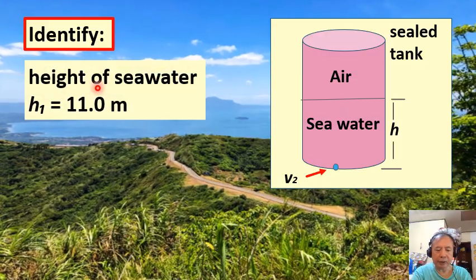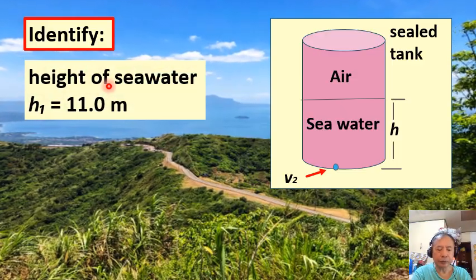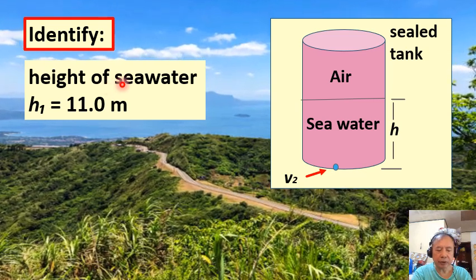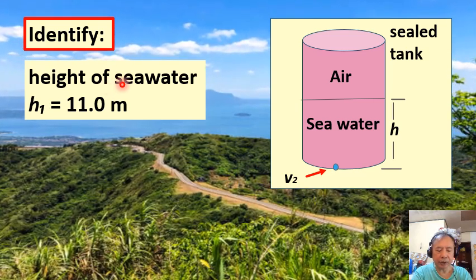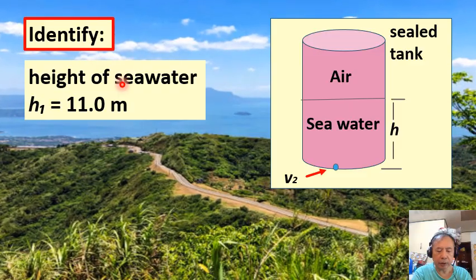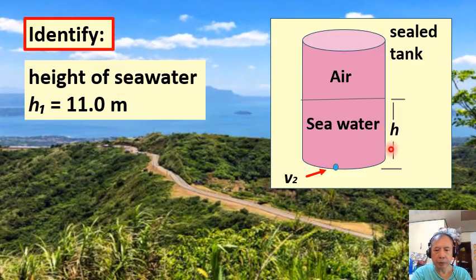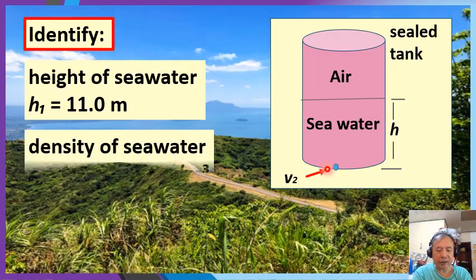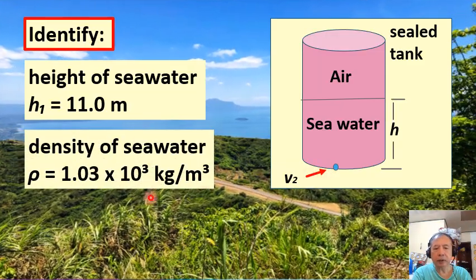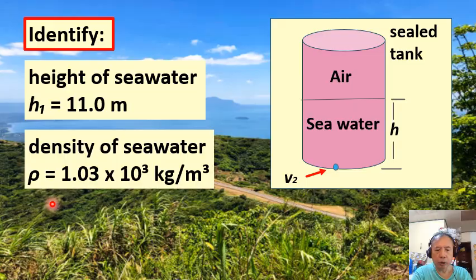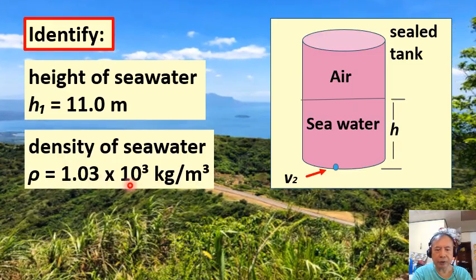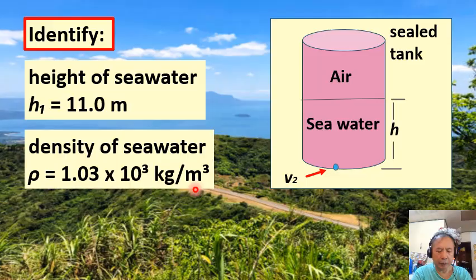We are given the following data and information. We have the height h of the seawater inside the tank equal to 11.0 meters. The density of seawater, denoted by rho, is also given, equal to 1.03 times 10 to the third power kilogram per meter cubed.